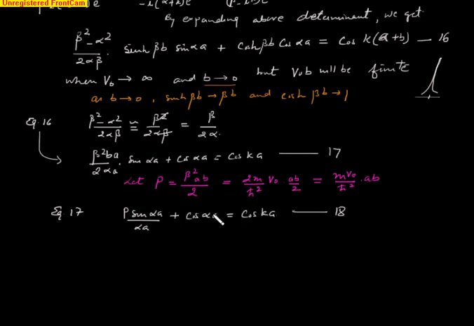Then we can analyze this equation. Another thing we have to notice here is that the right hand side is cos ka, which is a cosine function, and the maximum value of a cosine function is plus or minus 1.